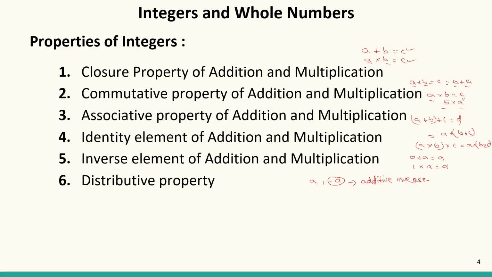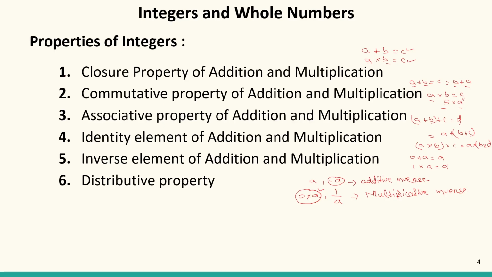And if a is an integer that is not equal to 0, then 1 by a is its multiplicative inverse. This part is very crucial: a must not be equal to 0.